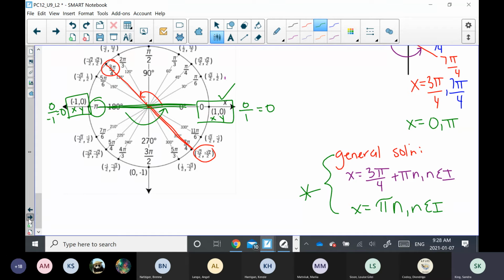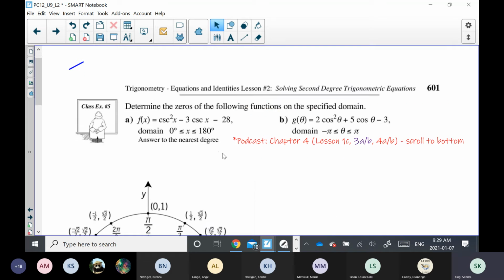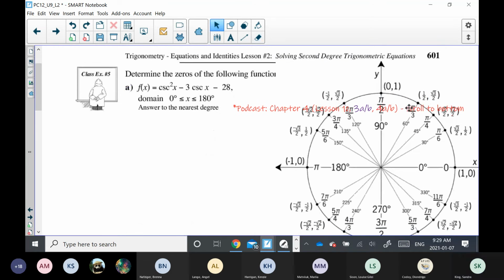Okay, so I know this is a lot, but we're going to do 2 more. Normally I don't do this, but let's do this one just to practice. Okay, determine the zeros of the following function.